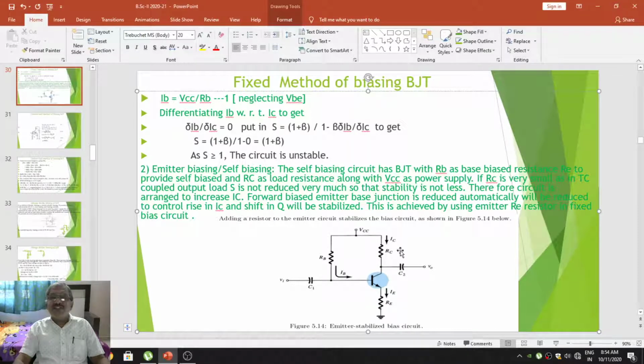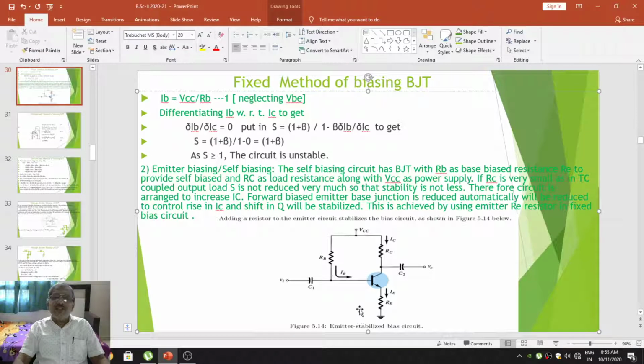The resistance RC equal to RL is going to act as a load resistance, which is connected between collector and VCC. The capacitors C1 and C2 are going to act as coupling capacitors that allow AC to pass at the output through it. And also these are used to couple one or more stages with each other.